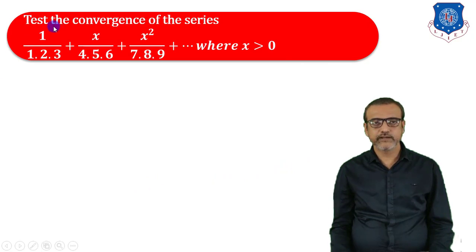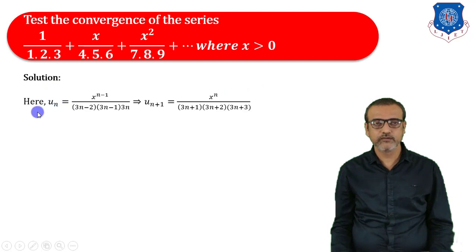Now we have one example related to this topic: test the convergence of the series 1 upon 1 into 2 into 3, plus x upon 4 into 5 into 6, plus x squared upon 7 into 8 into 9, plus and so on, where x is greater than 0. So here is the solution. Here un equals, consider 1 as x raised to 0.